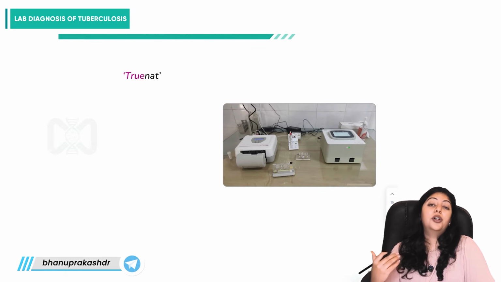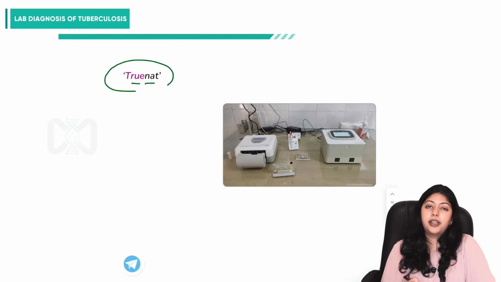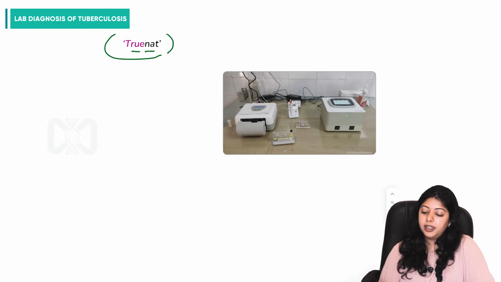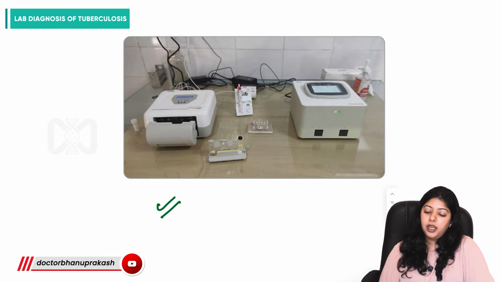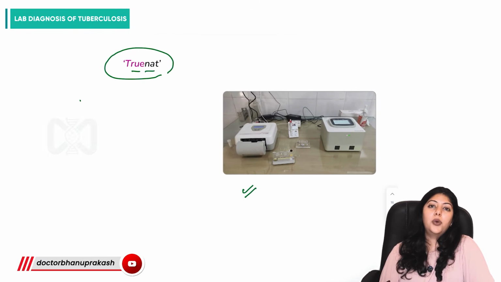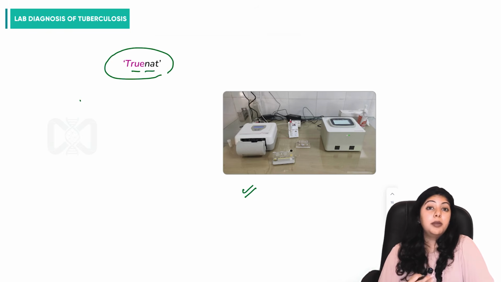And then we have a better advanced version of CBNAAT, which is known as the Truenat. This is the whole machine of Truenat. It is now available in certain areas or centers where air conditioning and uninterrupted power supply cannot be maintained.